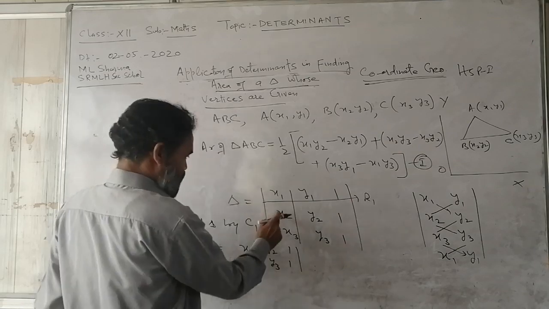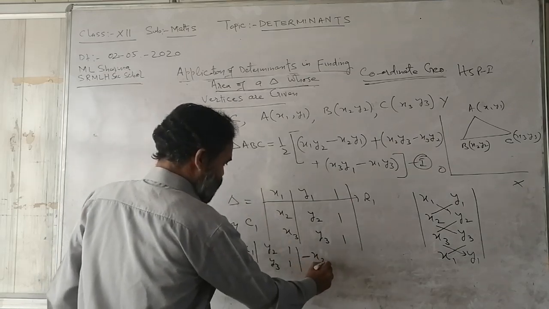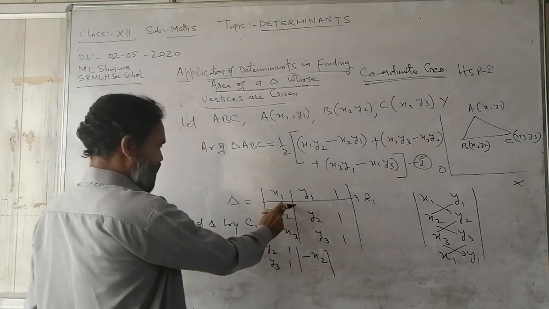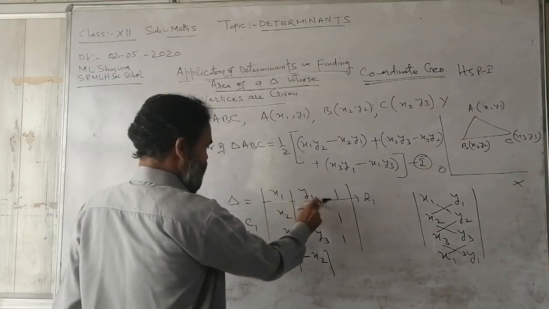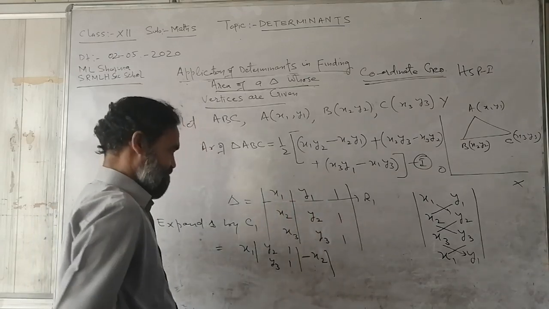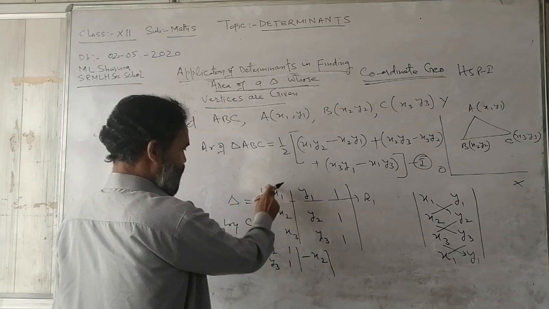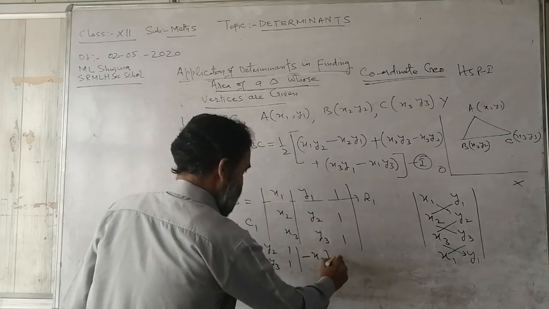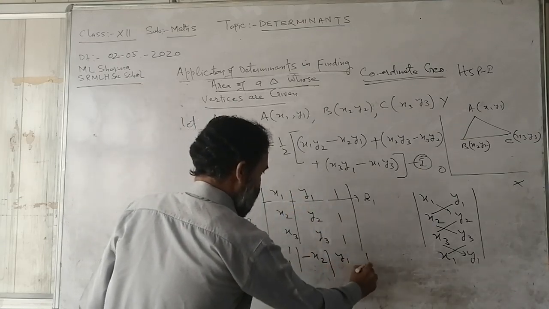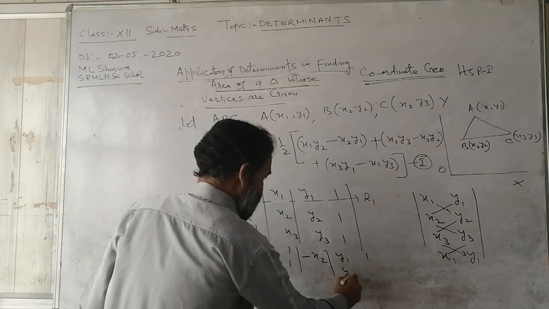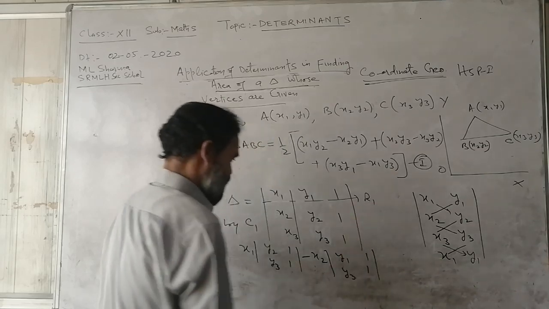Then next, x2 times, if I delete this row and this column, I will have y1 1 here, y3 1 here.